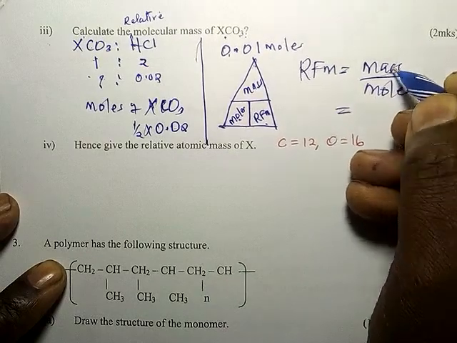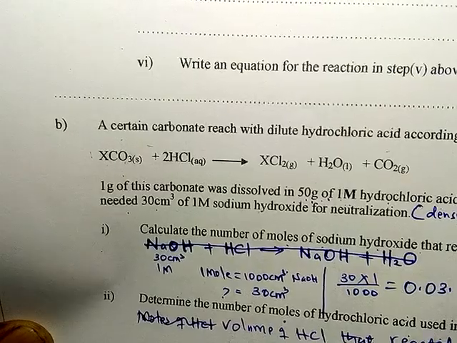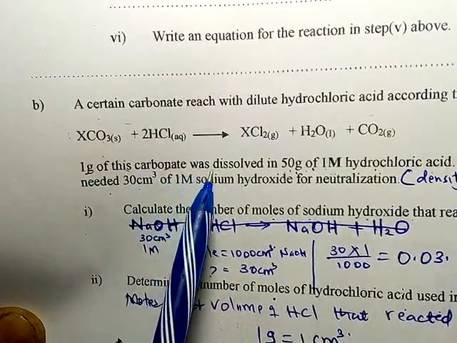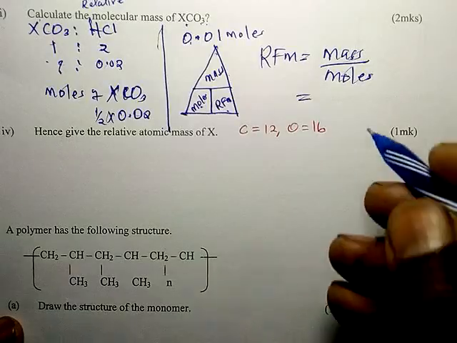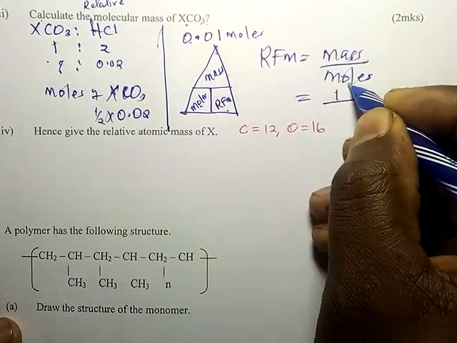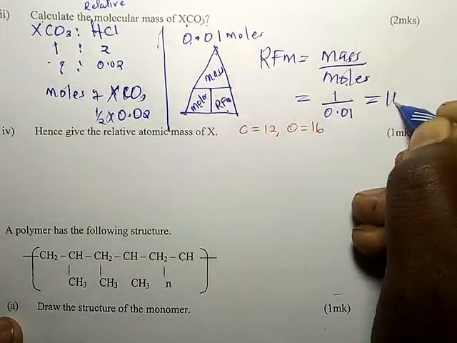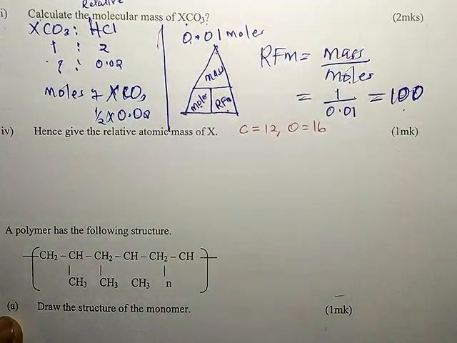Remember, the mass of the carbonate was 1 gram, dissolved in 50 centimeters cube. Therefore, 1 divided by the number of moles, which is 0.01, will give us 100. Therefore, the RFM of the X carbonate is 100.